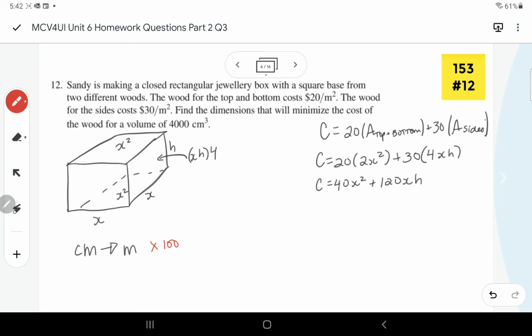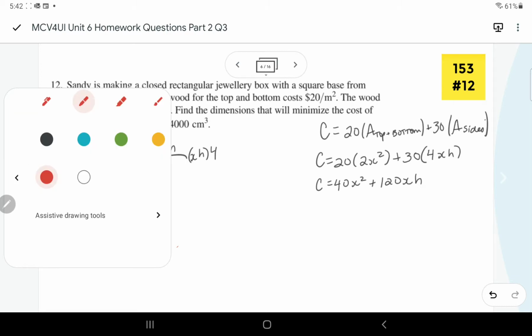We know that you multiply by 100 to convert from meters to centimeters. So there's 100 centimeters in a meter. If you were converting 4,000 centimeters into meters, you divide by 100, right? Going from centimeters to meters.